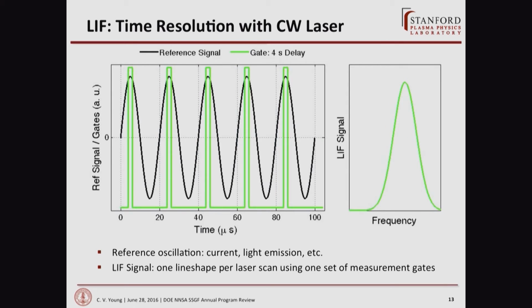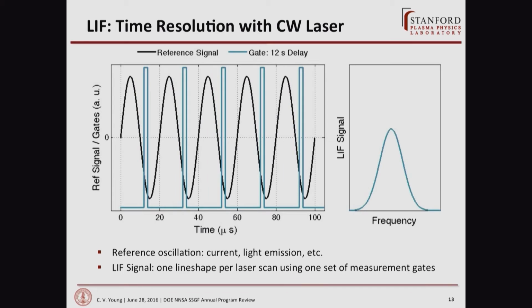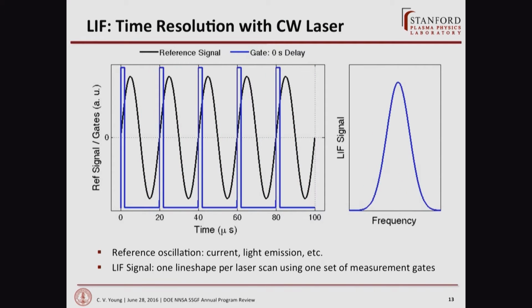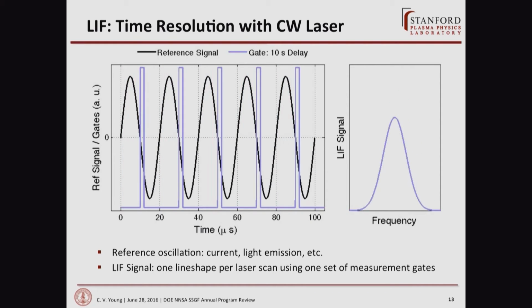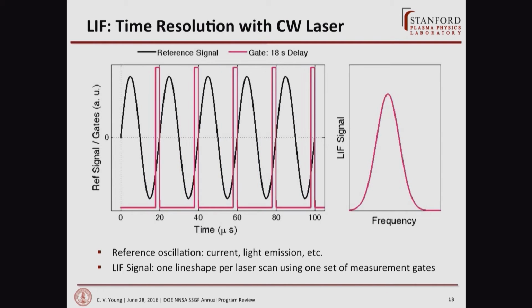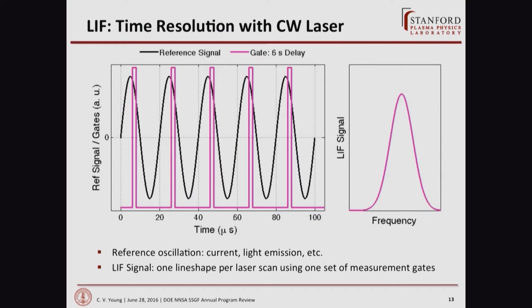So here, if we had this oscillation in each set of these measurement gates, we would scan the laser and we'd come up with a separate fluorescence peak. And so by lining all these up next to each other, that would tell you how the velocity is evolving in time over the course of this periodic oscillation.